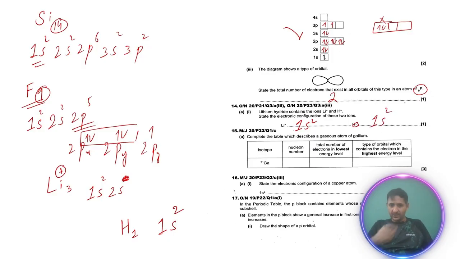Okay. Question number 15. Complete the table which describes a gaseous atom of gallium. So what is the nucleon number? You can see it here. The nucleon number 71 is here. Total number of electrons in the lowest energy level. You know 1s2, there are 2 electrons in the lowest energy level. Type of orbital which contains the electrons in the highest energy level.